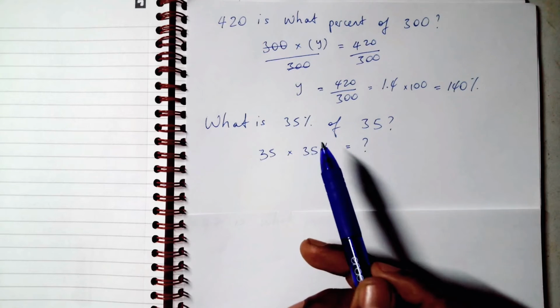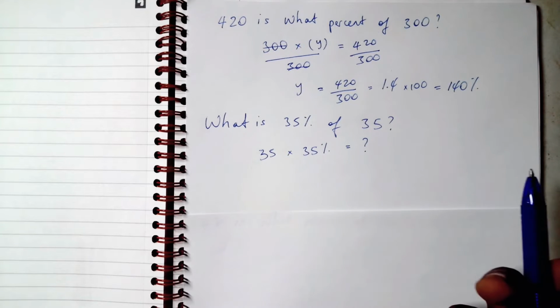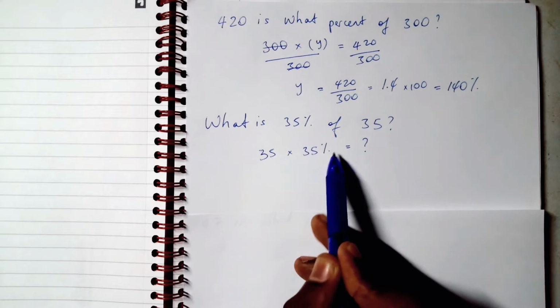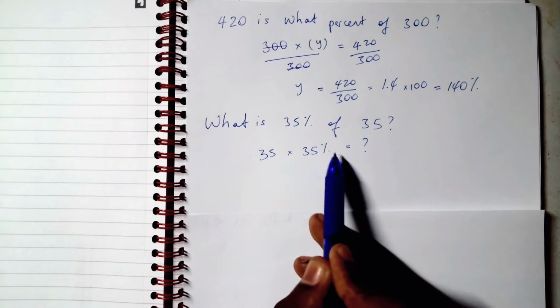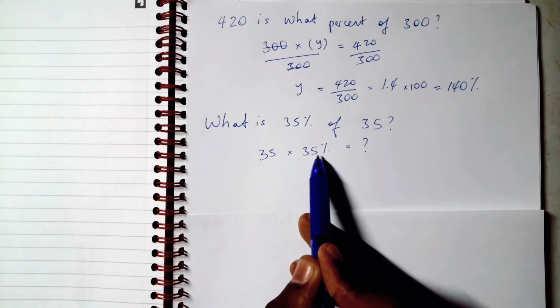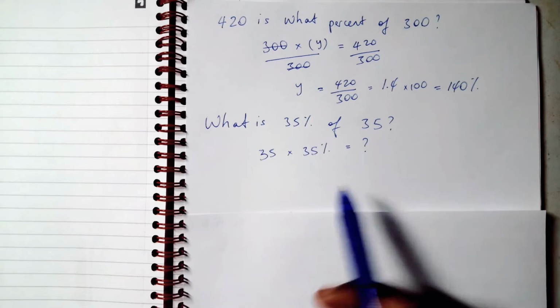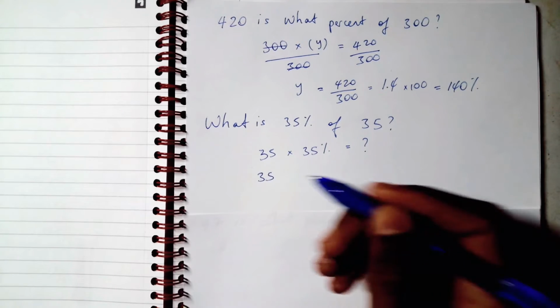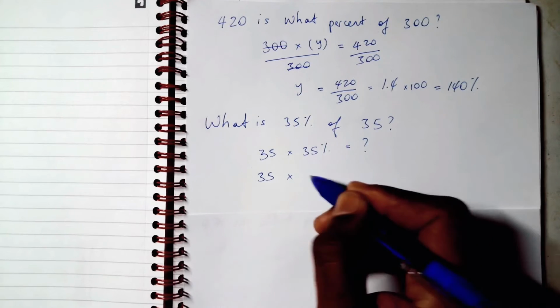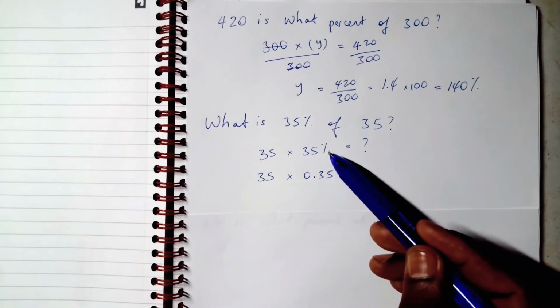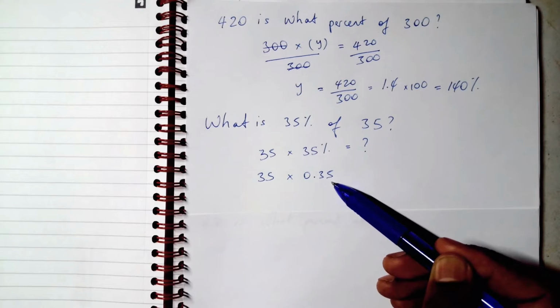We're given the percentage in this case, so it's pretty straightforward. We convert this percentage to decimal because we can't actually do any computation with this. So now we have 35 multiplied by 0.35. That's how we convert from a percentage to decimal.